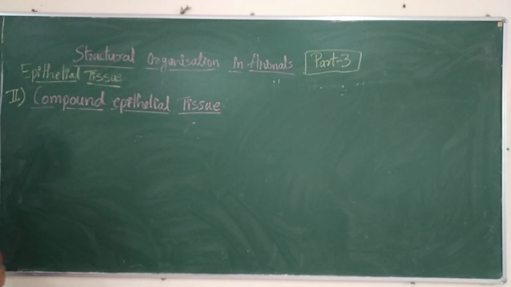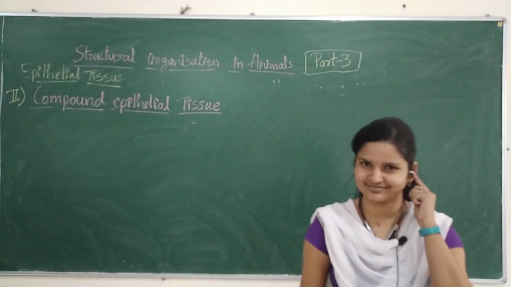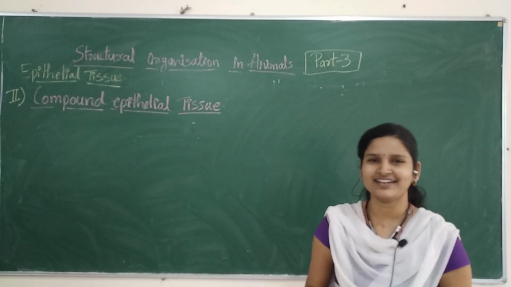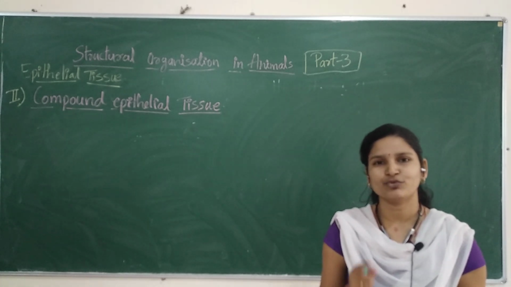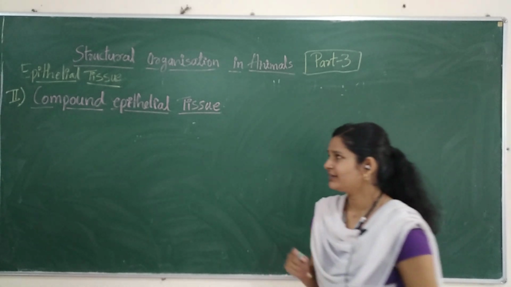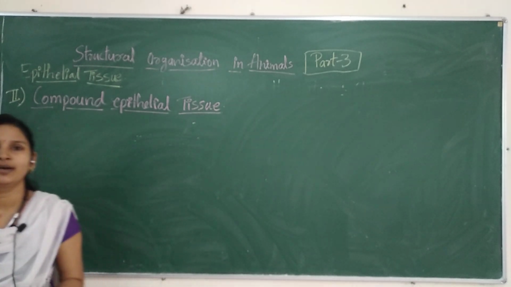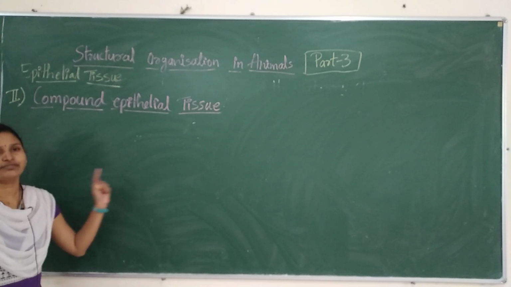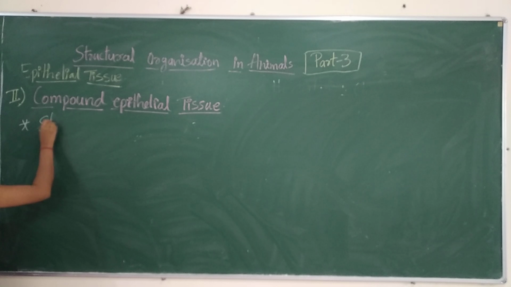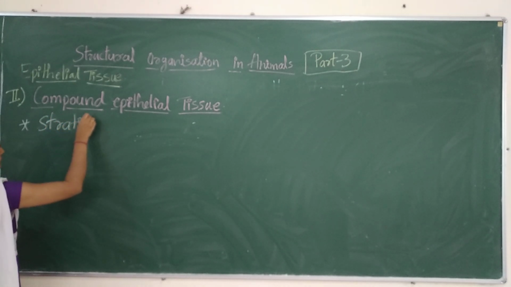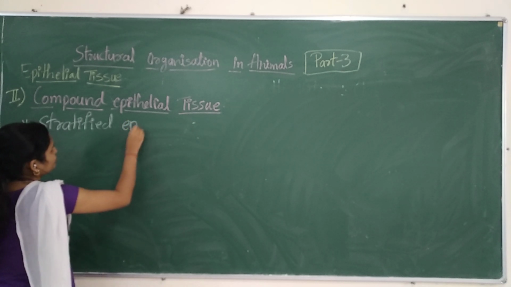Simple epithelium has only one layer of cells. We have finished the simple epithelium, and in that only one layer, but in case of compound epithelium there will be presence of many layers. That's why these are also called stratified epithelial tissue.